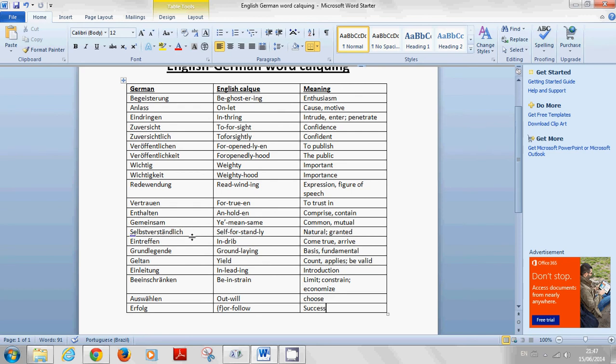And this next one, Selbstverständlich, which in English would be self-verständly, natural or granted. This next one, eintreffen, in drib.